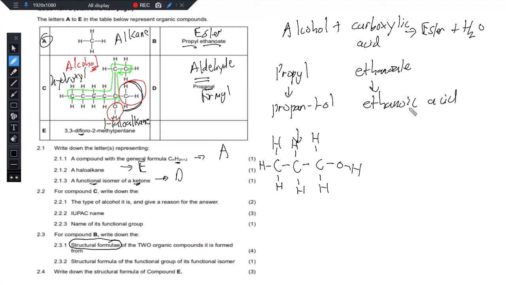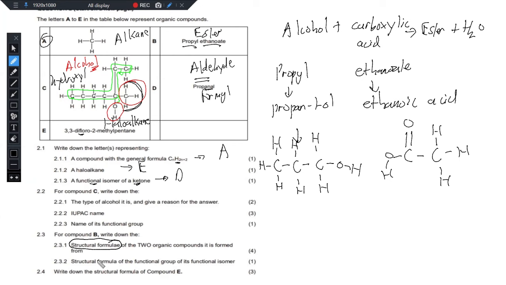And then ethanoic acid, eth means 2. So 1, 2. And then you can have at the first carbon here, your functional group. And then here you cannot put another hydrogen because 1, 2, 3, 4, it's 4 bonds around carbon. And then there you go. So that's the propan-1-ol, and that's the ethanoic acid.